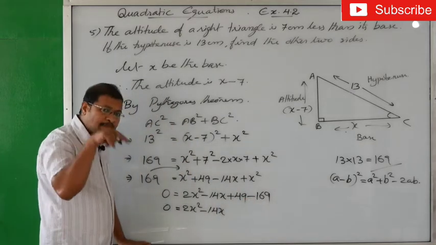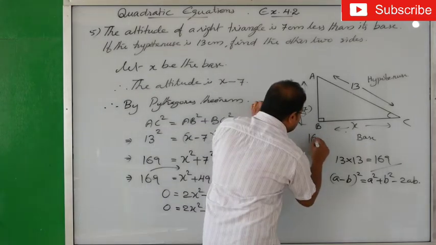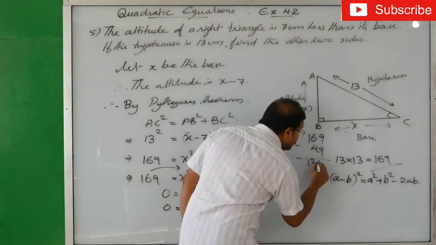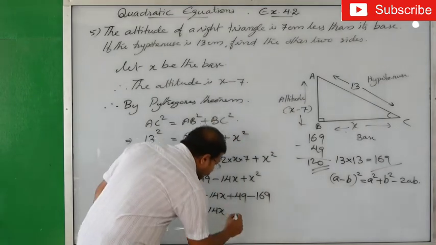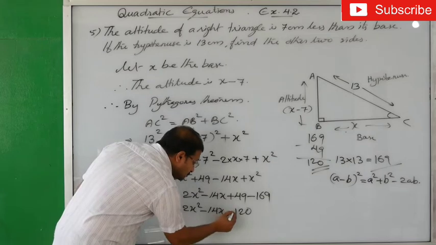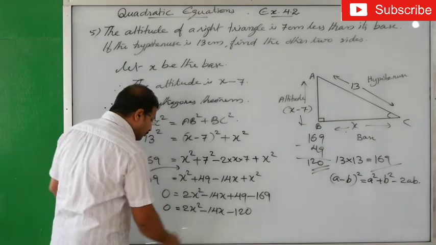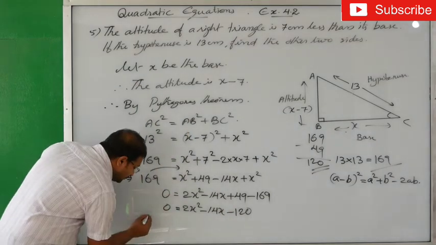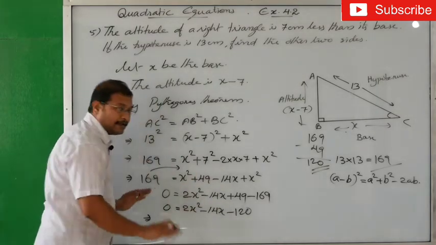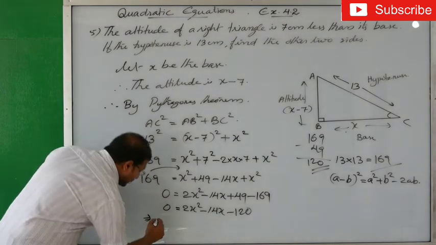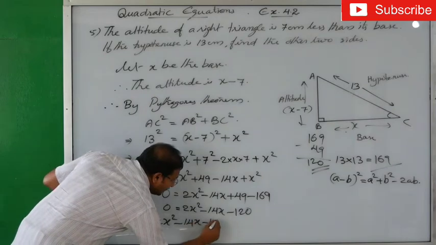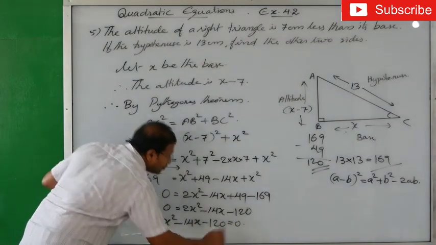Plus and minus, so 169 minus 49, what will we get? Yes, 120. But the bigger number is minus, so the answer is minus 120. That means 2x square minus 14x minus 120 equal to 0.